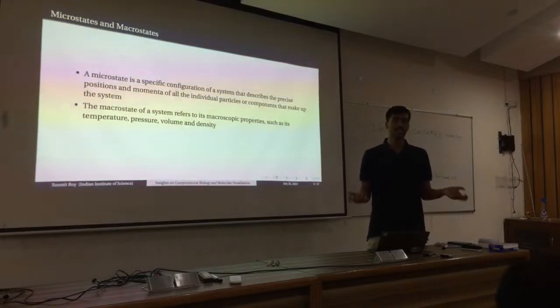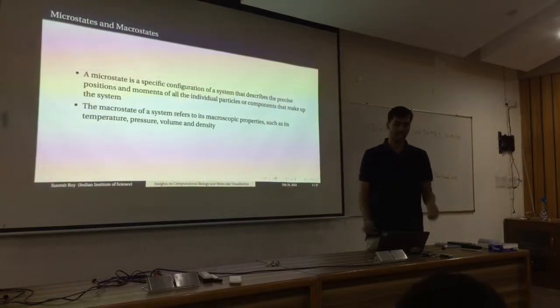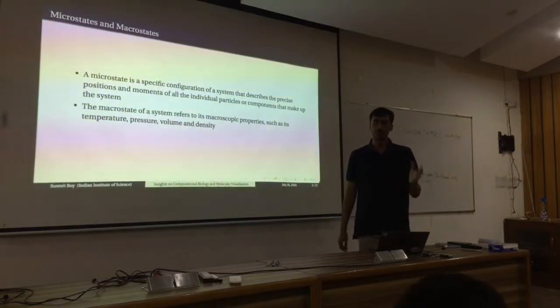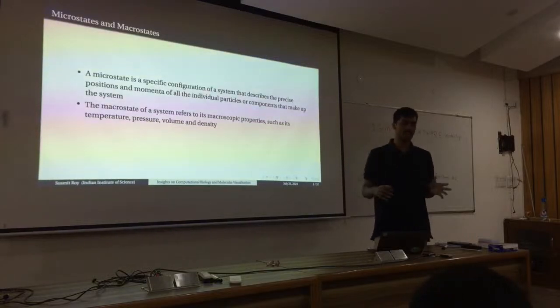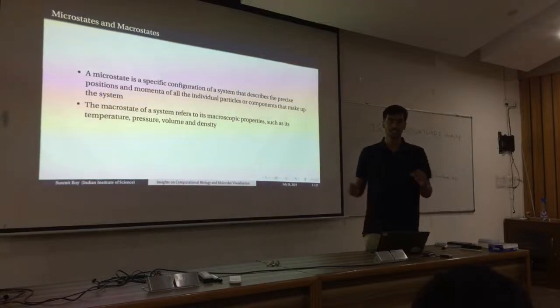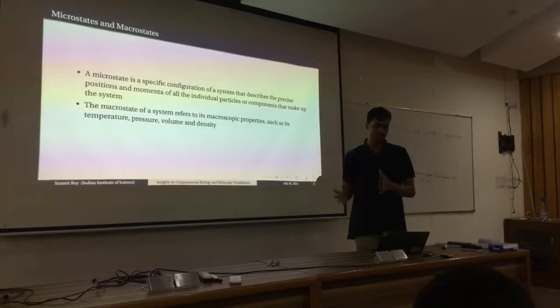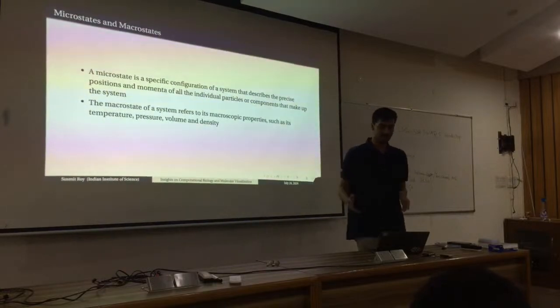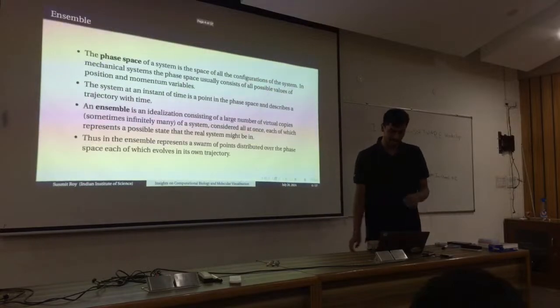So for an ideal gas, it can be the set of all momenta and positions of the gas particles. And a macrostate of a system is the large-scale thermodynamic properties, for example, temperature and pressure of the system, which are seen macroscopically. For each macrostate, you can have many possible microstates, and you do statistical mechanics on that.